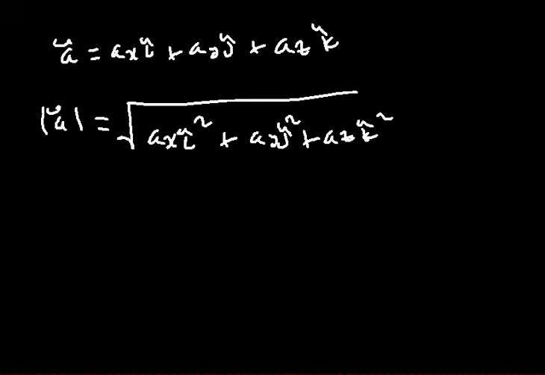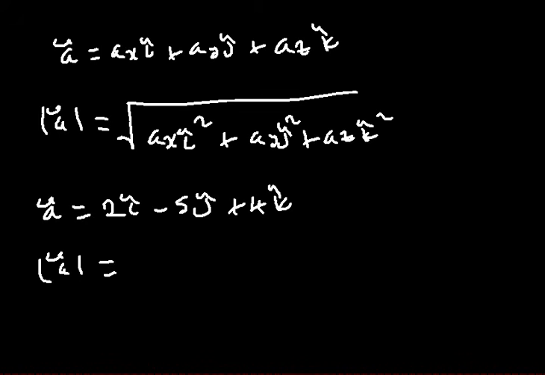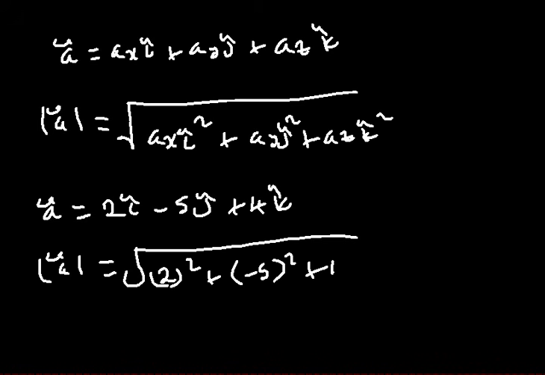At the end of the day, we ignore the directions, we just square the numbers that we have. For instance, if vector A is given as 2i hat minus 5j hat plus 4k hat, the magnitude of vector A will be the square root of 2 to the power 2 plus negative 5 to the power 2 plus 4 to the power 2.